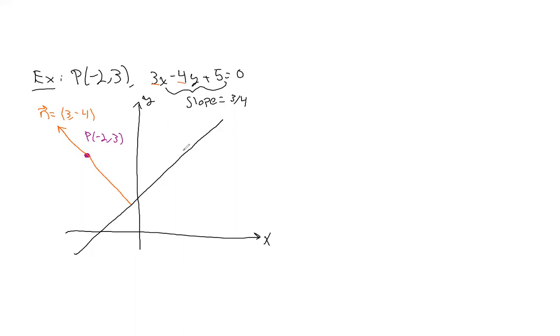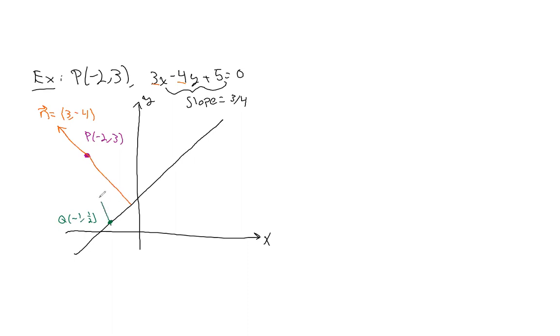Now, by the way, we also know that the point Q, when I did this myself, I chose the point (-1, 1/2). That's on the line, right? -3 minus 2 plus 5. That is in fact 0.